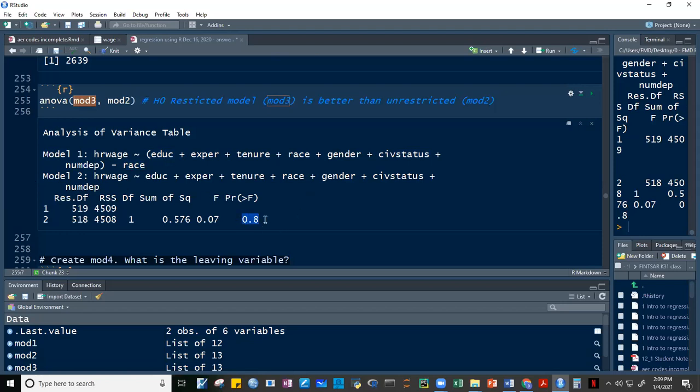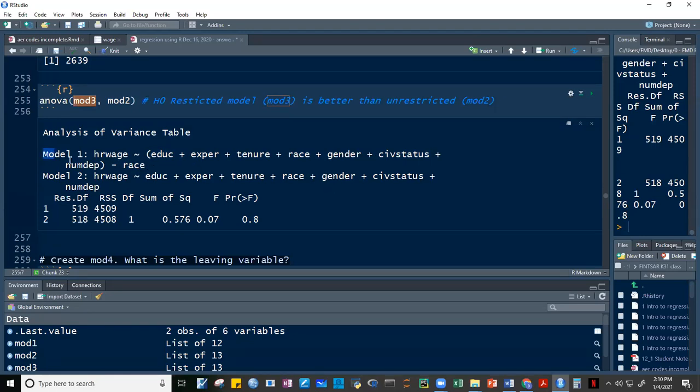P-value is 0.8, which is way greater than 0.05. So, conclusion. We fail to reject the null hypothesis that the restricted model is better. So, ano ibig sabihin guys? Mas maganda si Model 3 yung restricted model natin. Kasi si Model 3 guys, di ba tinanggalan natin siya. Tinanggalan natin ng race.